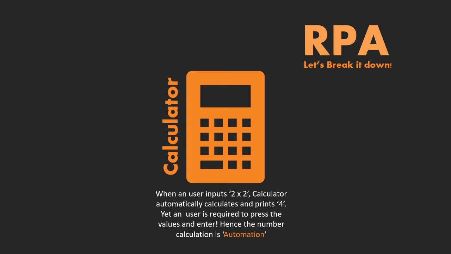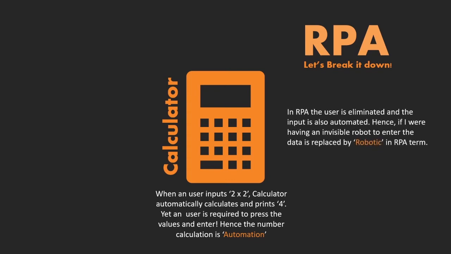Here, the automation is the 2 times 2 happening in the background. Yet a user is required to input that data and take that data or use it somewhere else. So far, the calculator only fulfills the work of automation.